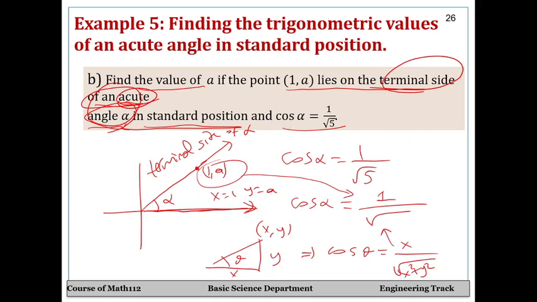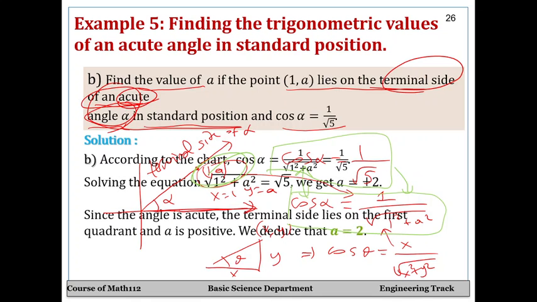Now we got 1 squared plus a squared. So this is given to us from the question, and this we found from the formula and the point given here, and then we match them. They have to be the same. Now this gives us an equation.